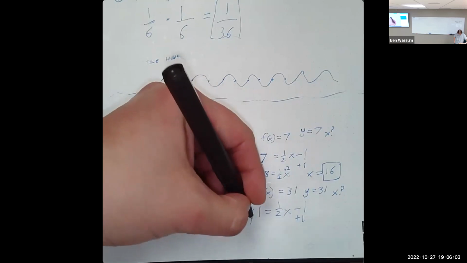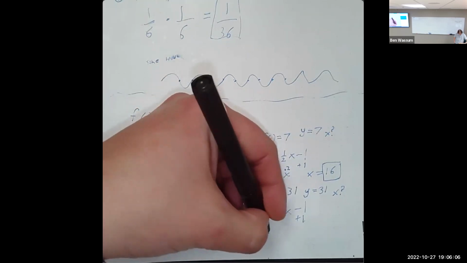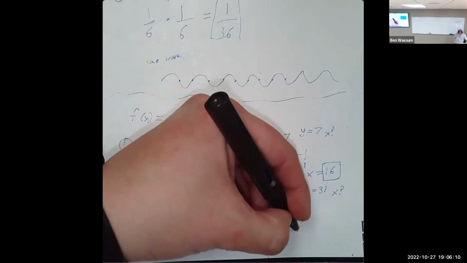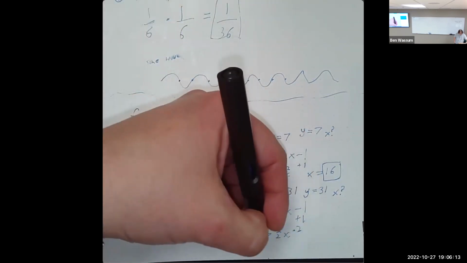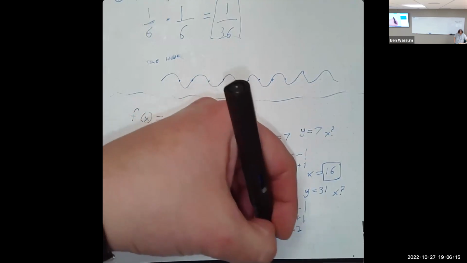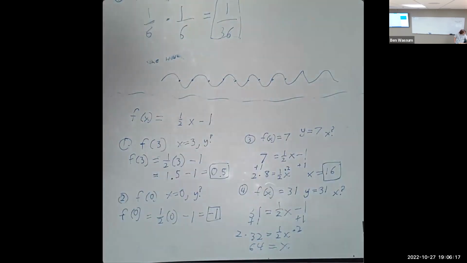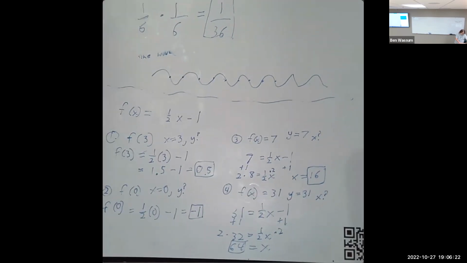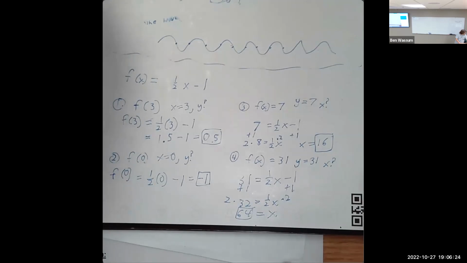Add the 1 over, we get 32 is equal to 1/2 x, multiply 2 on both sides, and we get 64. Right? 64. So again, f of something means, hey, your variable is that something. Plug it in and figure it out.